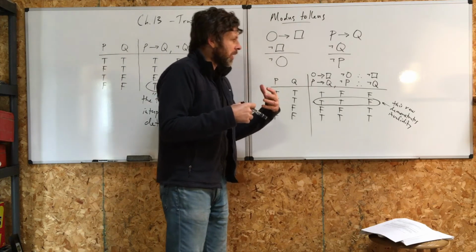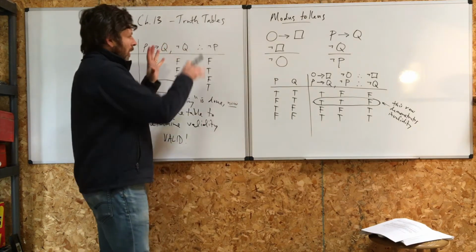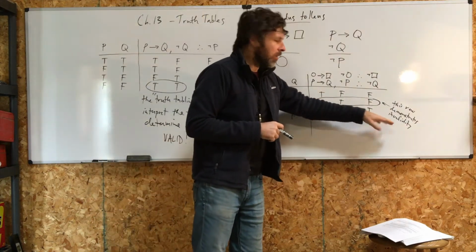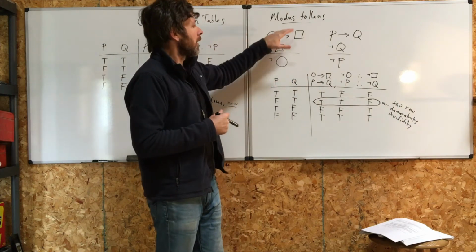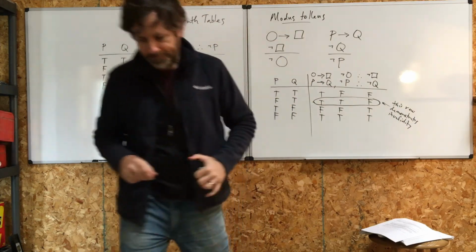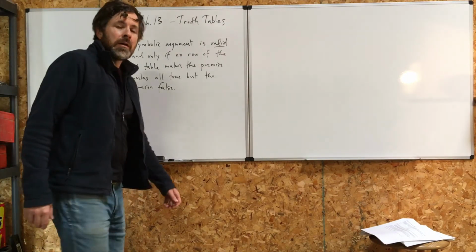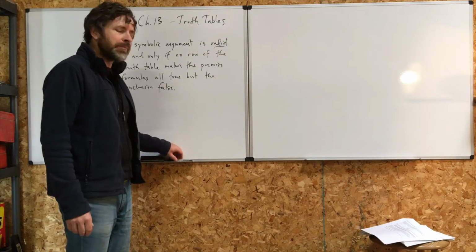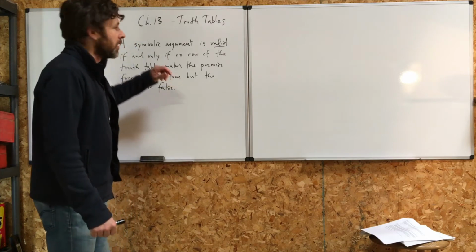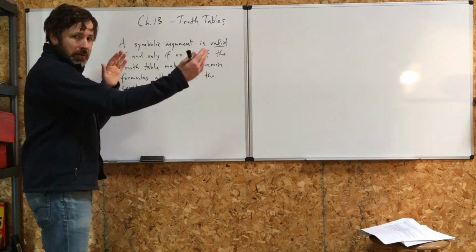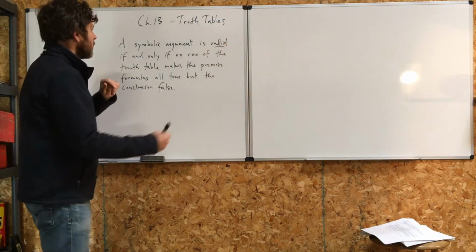Okay, what I'm going to do next is write down the method for determining validity or invalidity using truth tables. Okay, regarding truth tables and validity, this is what you need to know. A symbolic argument, that's what we've been doing. We've been symbolizing these arguments. We've been calling them sequents when we test them.